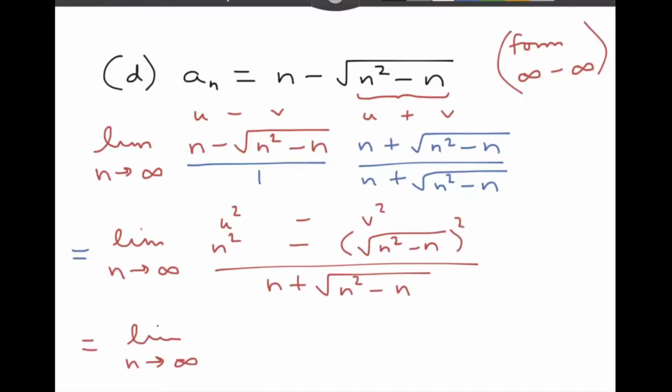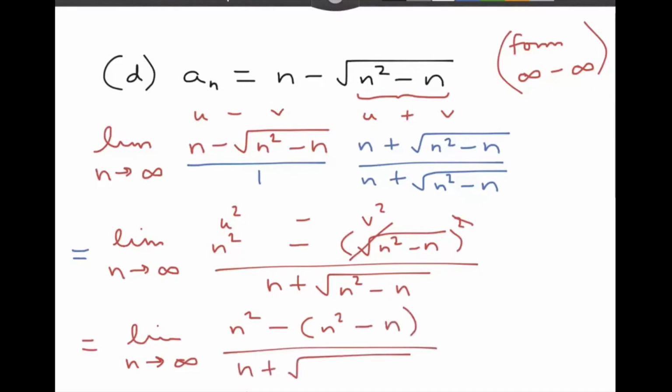All right, of course, the square and the square root will cancel. So we'll have n squared minus the quantity n squared minus n. Denominator has not changed.